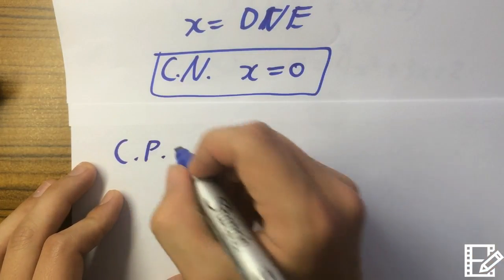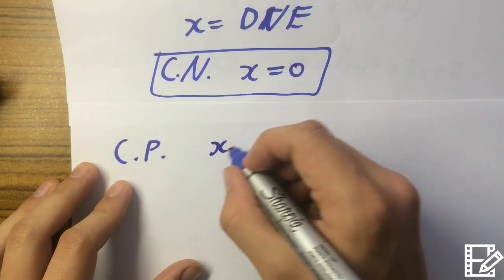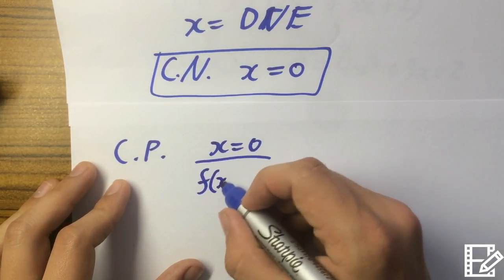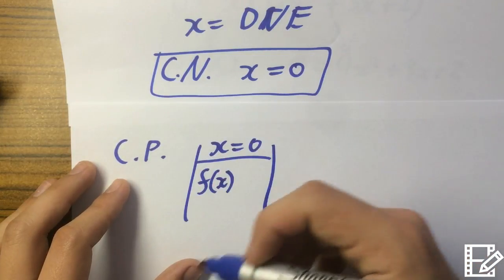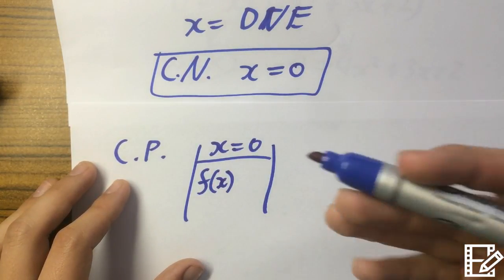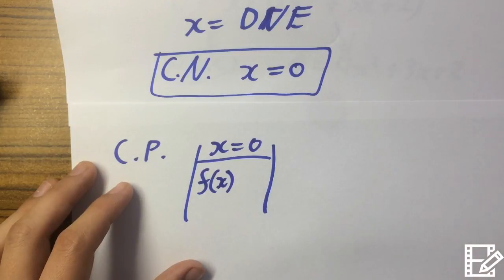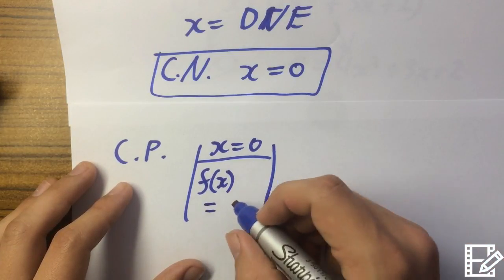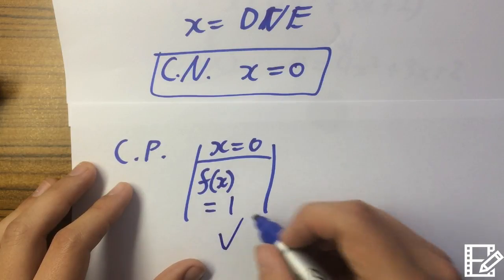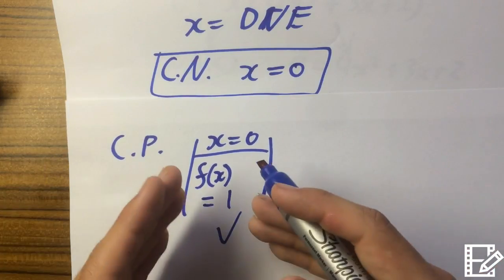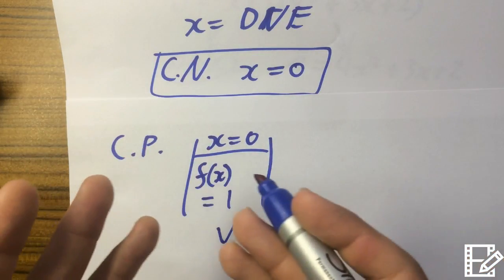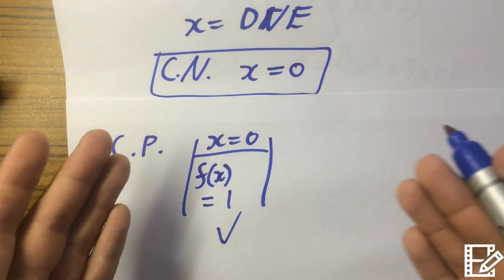To find the critical points, we sub that x value back into the original function, which would be x to the power of 4 plus x to the power of 3 plus x to the power of 2 plus 1, and it spits out a 1. Tick. Because it spits out a number, whether it's negative, positive, or 0, it spits out a number. Therefore, it's within the domain of the original function.